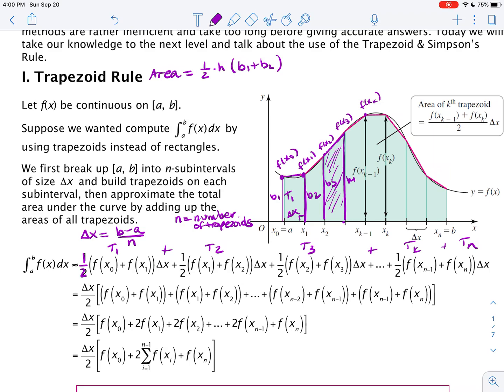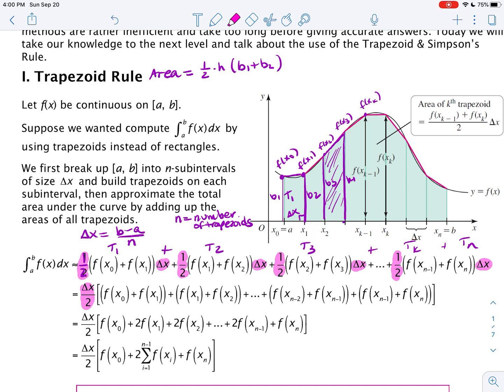Good. So the whole is equal to the sum of its parts. You can see that we have multiplied by 1/2 and delta x for each of the trapezoids, because our delta x is our height, and we have that 1/2 from our area formula. We can factor those out into the front of our sum using the distributive property, and 1/2 delta x would give us delta x over 2.